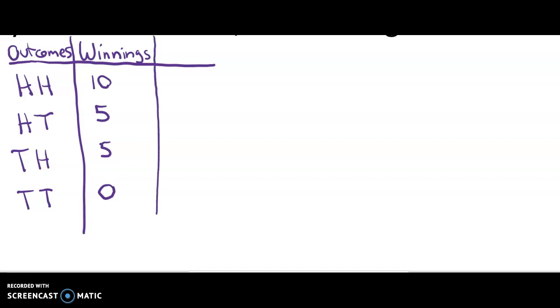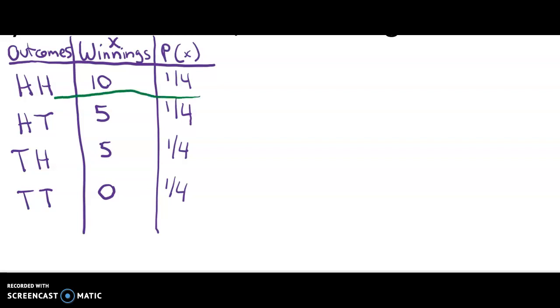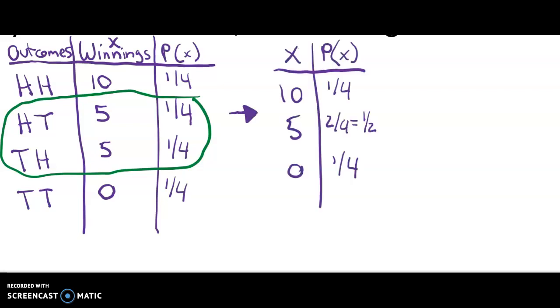So the probability of each of those outcomes is going to be 1/4, because there are 4 equally occurring outcomes. Now, let's call our winnings x, and we'll call each of these probabilities p of x. You might notice here that exactly 1 head appears twice, so we can condense this table. The probability of winning $10 is 1/4, the probability of winning $5 is 1/2, and the probability of winning 0 is 1/4.